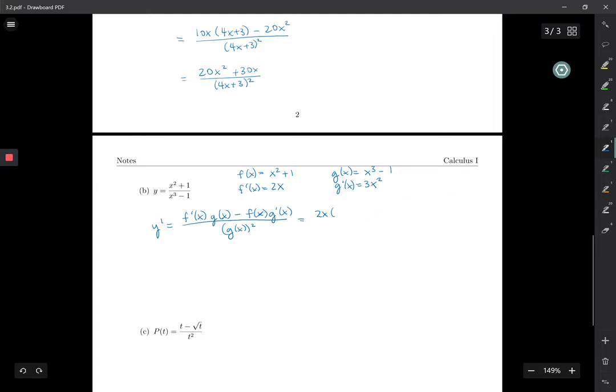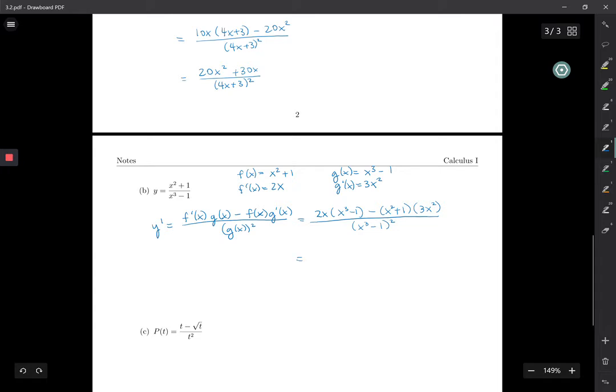Okay. We have f prime times the regular function g. So this should have been x cubed minus 1. And then we have f, which is x squared plus 1 times g prime, 3x squared, over x cubed minus 1 squared.